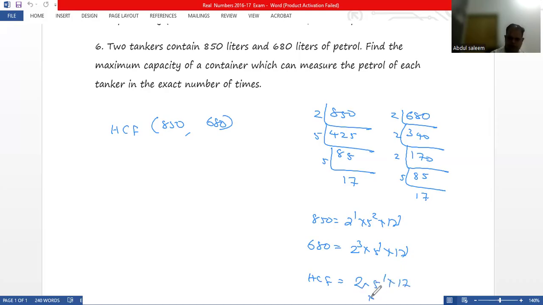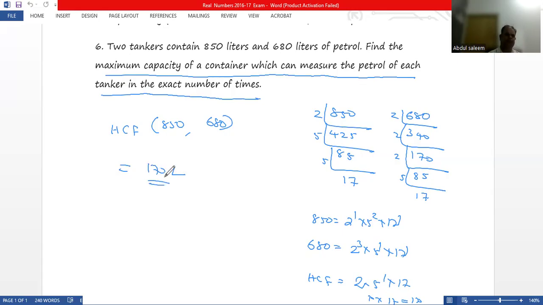So 2 into 5 is 10, 10 into 17 is 170. So the maximum capacity of the container which can measure petrol in each tank an exact number of times is 170 liter. Using a 170 liter container, we can measure 850 and 680 exactly.